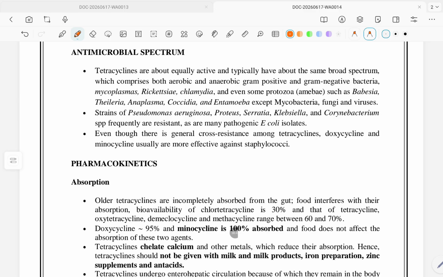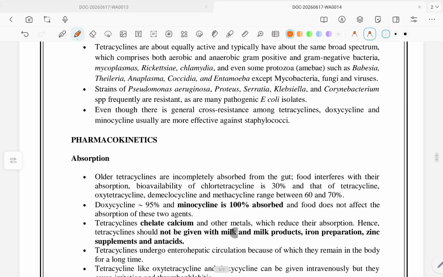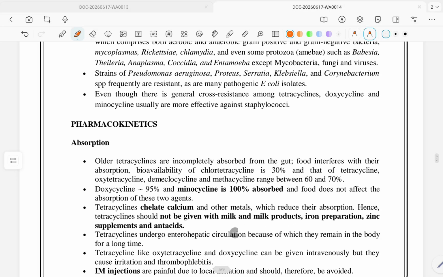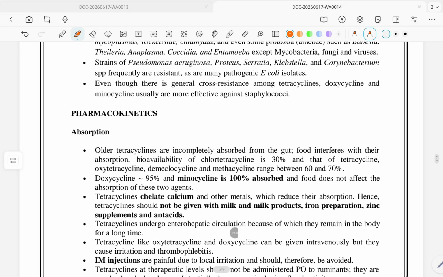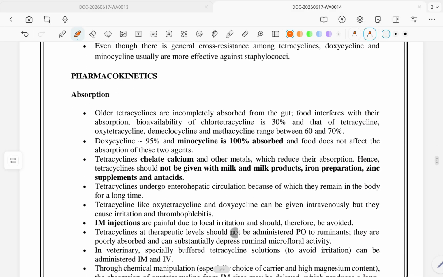Strains of Pseudomonas aeruginosa, Proteus, Serratia, Klebsiella, and Corynebacterium species frequently are resistant, as are many pathogenic E. coli isolates. Even though there is general cross resistance among tetracyclines, doxycycline and minocycline usually are more effective against Staphylococci.